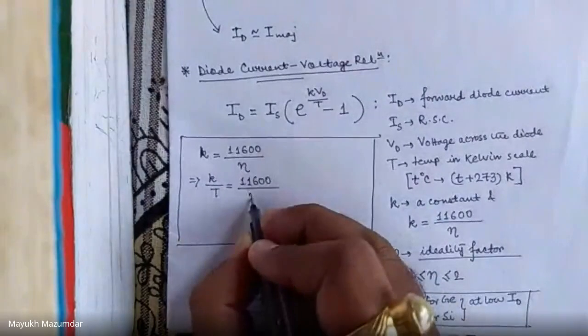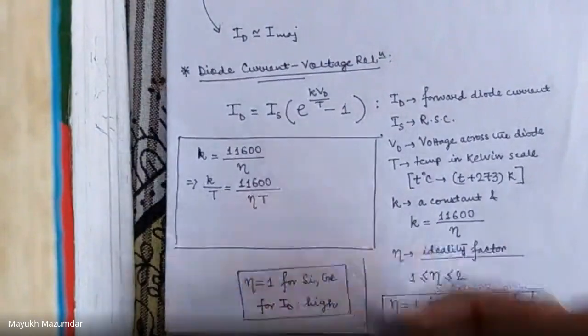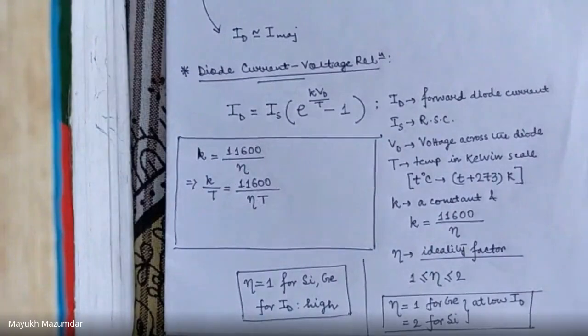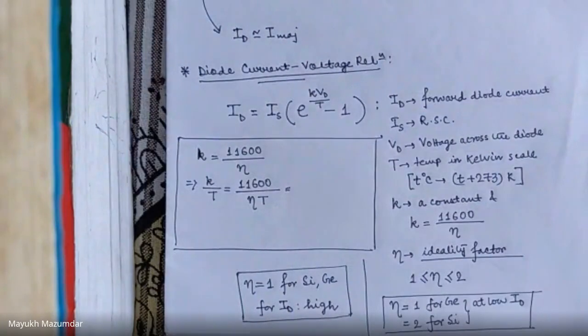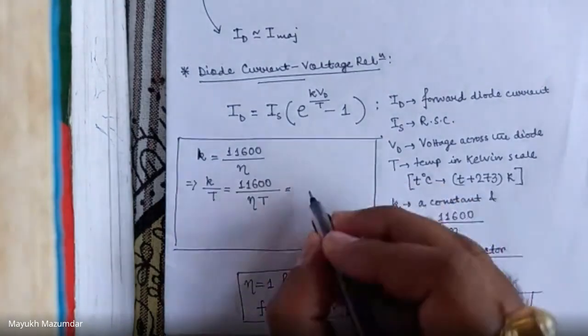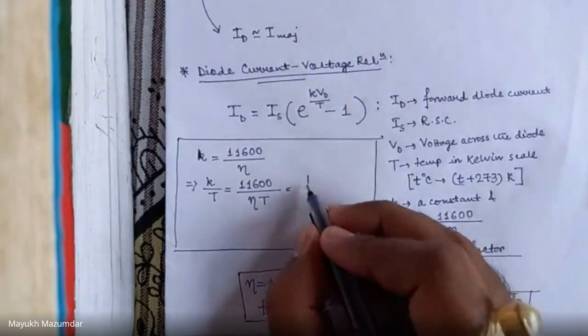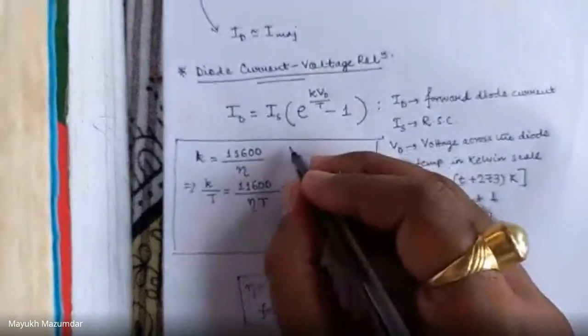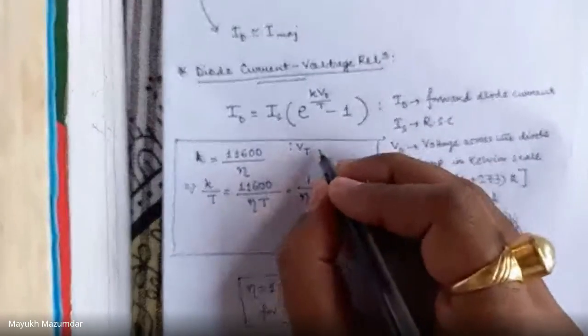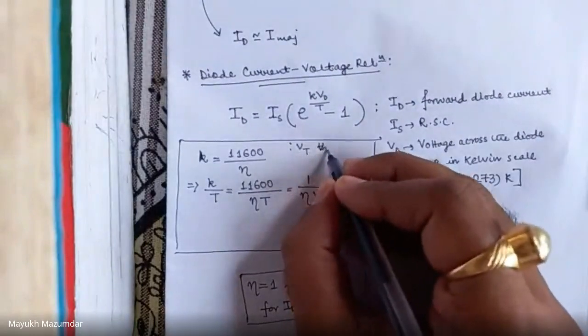It is 11600 by eta into T. In some books they have used T subscript K, which means temperature in Kelvin. Let's not complicate that. Now this thing is nothing but Vt. Vt is the thermal voltage, sometimes it is called.